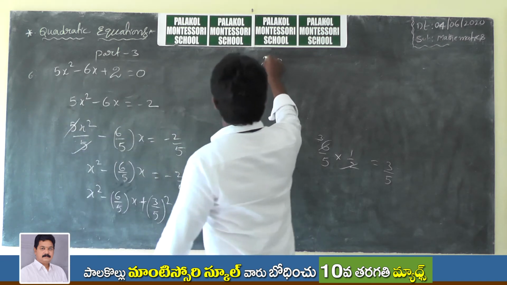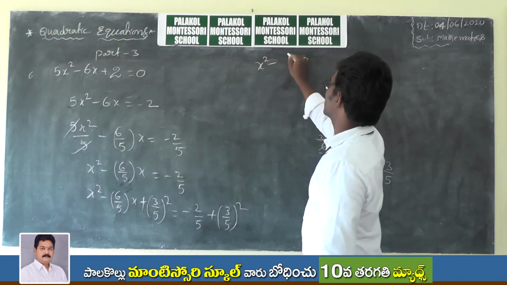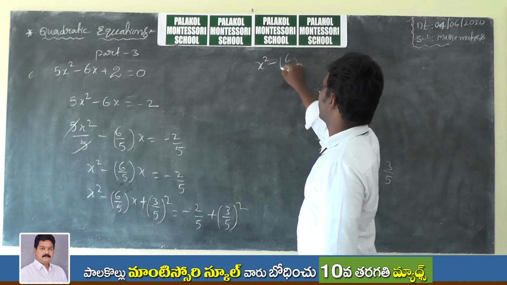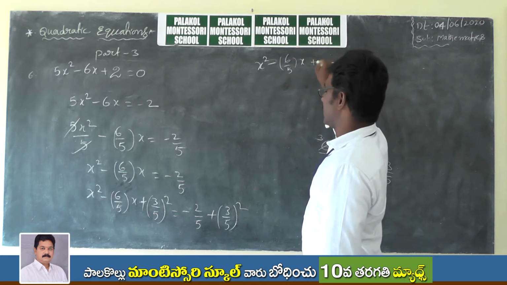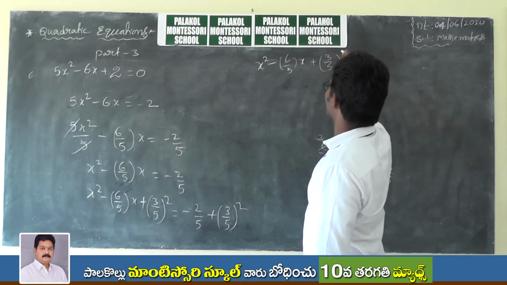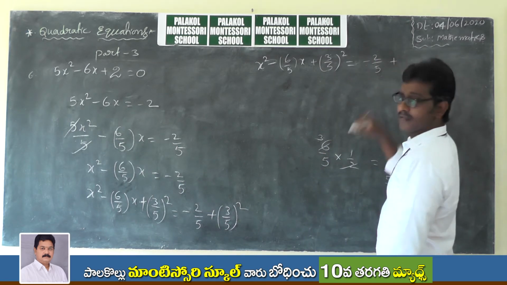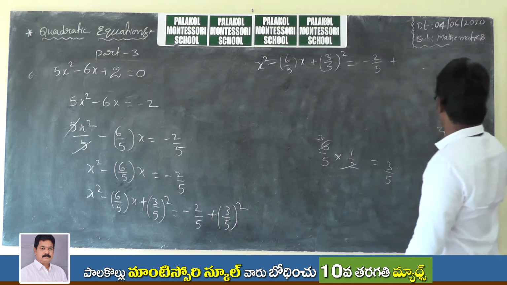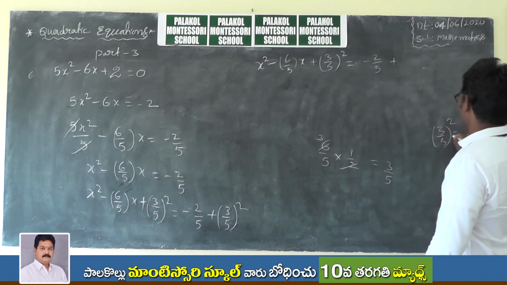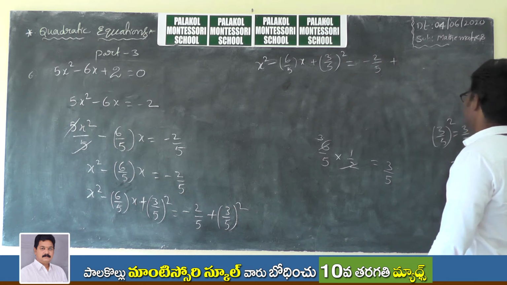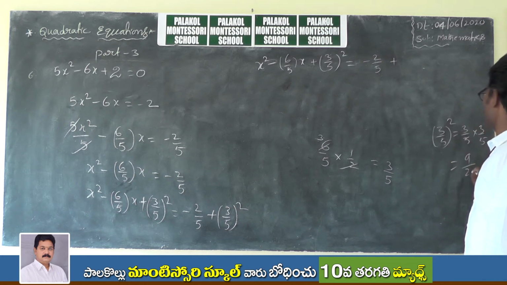So x square minus 6 by 5 of x plus (3 by 5) whole square is equal to minus 2 by 5 plus (3 by 5) whole square, which means 3 threes are 9, 5 fives are 25.